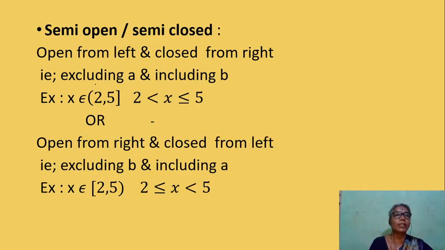Next we see what is the semi-open or semi-closed, that is half open and half closed interval. We may say that it is open from the left and closed from the right, excluding a and including b. Symbolically we represent it as x belongs to (2, 5], open at 2 and closed at 5.